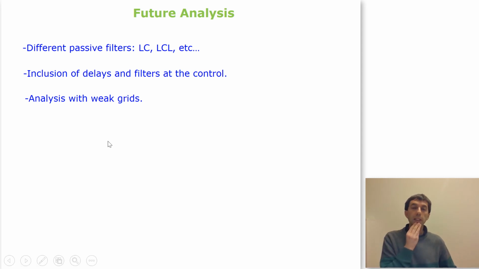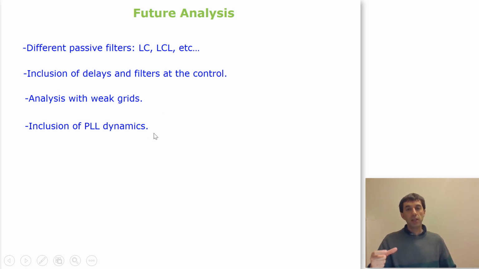Again, in the book, it is analyzed. In the book as well, we are also analyzing the PLL dynamics, including the dynamics of the PLL that we are using in the control, and studying how it affects the control loops. It's quite interesting.